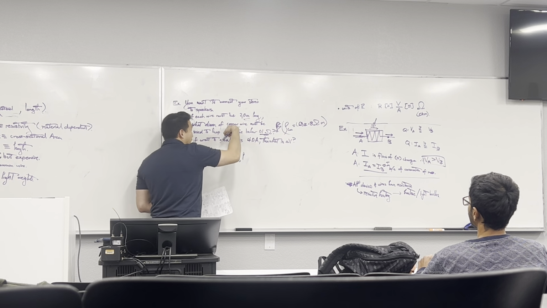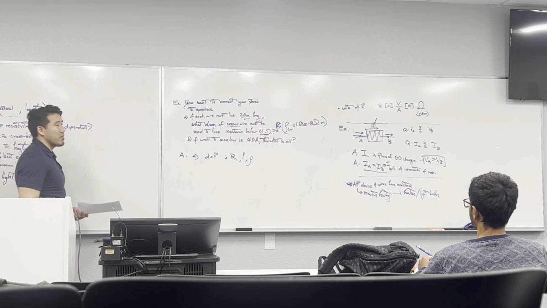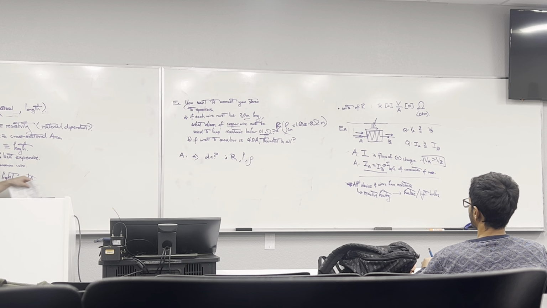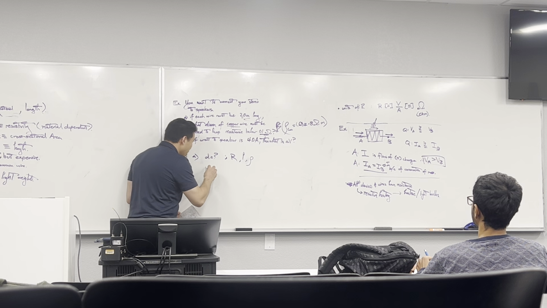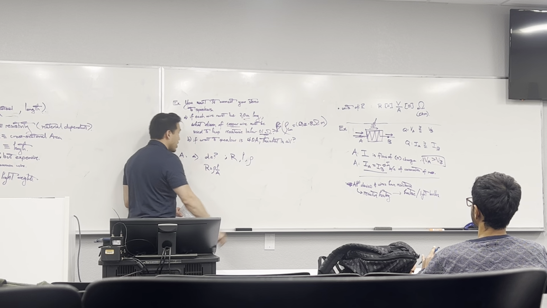And we're specified copper, and that should immediately tell you what your resistivity is. And from here, you should be able to ascertain that the expression that you're looking for is our resistance equation. And so R is equal to rho L over A.